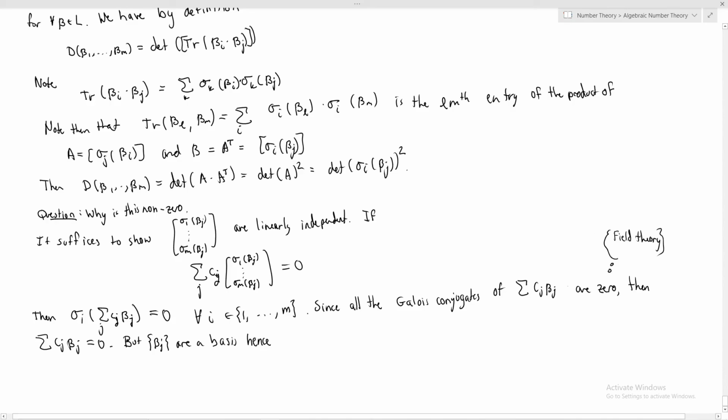These beta sub j's are a basis, and hence c sub j equals 0 for every j. And thus the columns are linearly independent. Thus the determinant of this matrix A is not equal to 0.